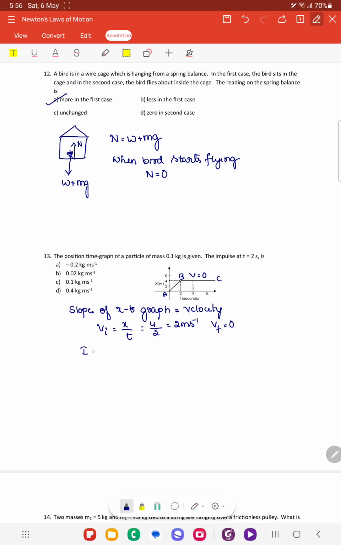Impulse is nothing but a change in momentum, that is given by m into Vf minus Vi. So here mass is 0.1, Vf is 0, Vi is 2. So 0 minus 2, which is equals to minus 0.2 kg meter per second. So option A is the right answer.